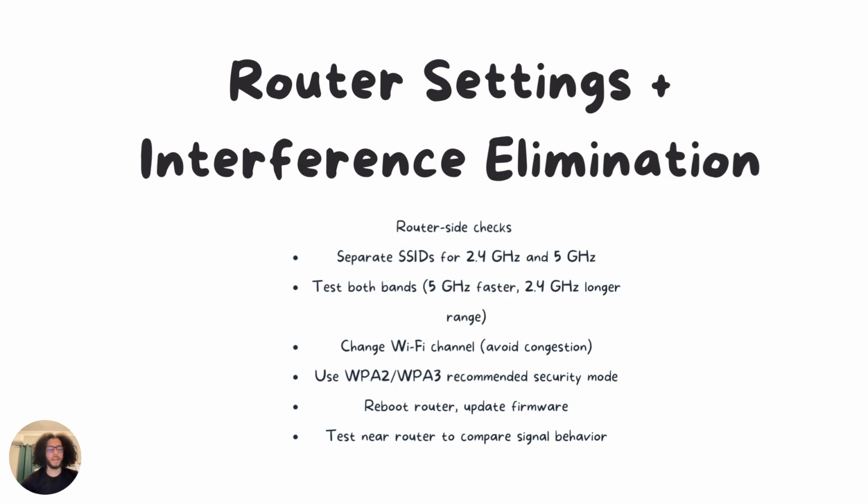I will change the Wi-Fi channel to avoid congestion and check the WPA2 or WPA3 security configuration for compatibility, and update the router firmware. Also, I will test the laptop close to the router to see if stability improves, since distance or interference is likely the root cause.